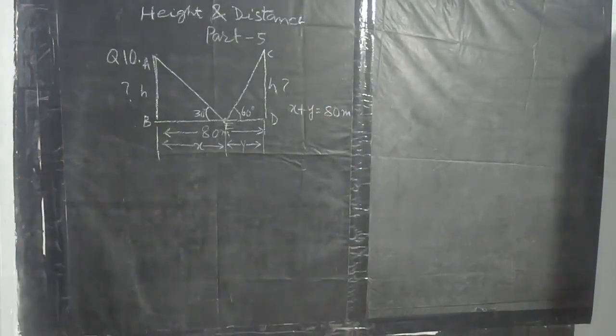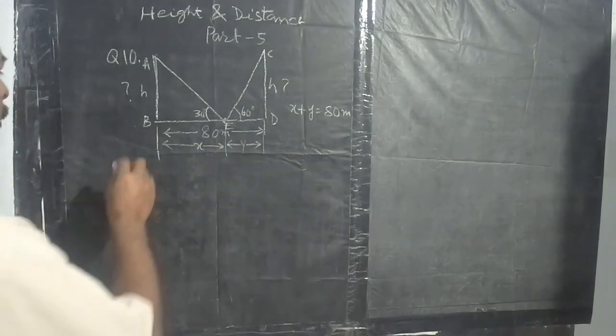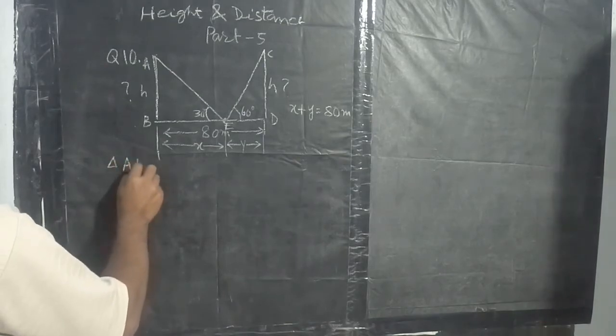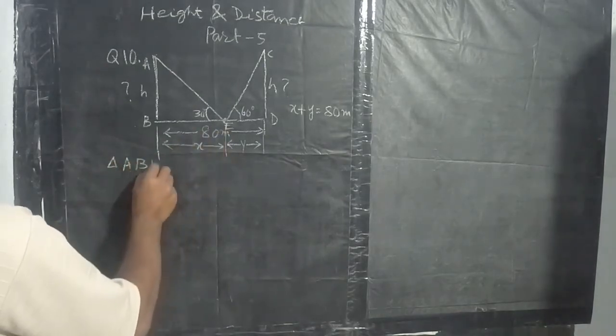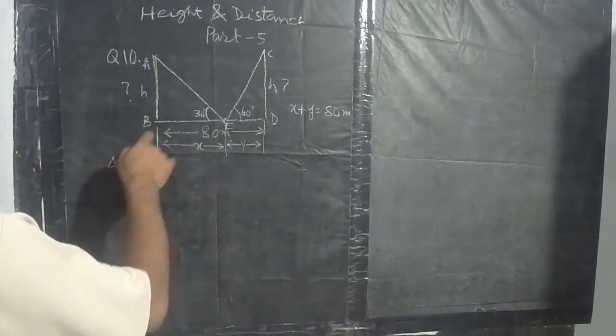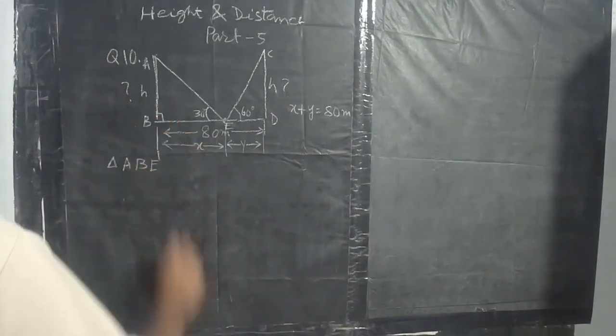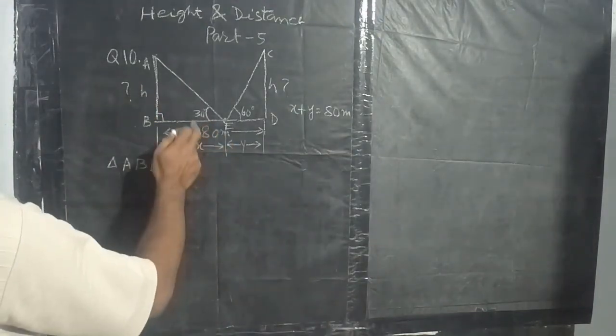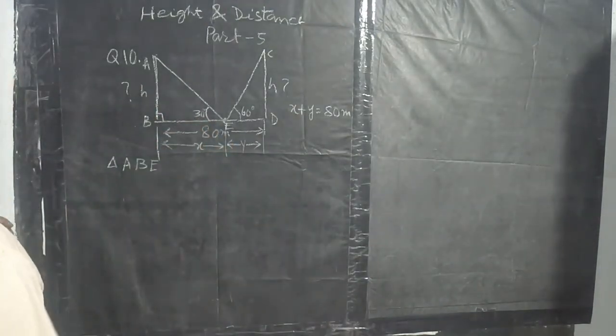Okay, 80 meter. Now take two triangles, first triangle ABE. In triangle ABE, this is 90 degree, this is 30 degree, this is opposite, this is adjacent.